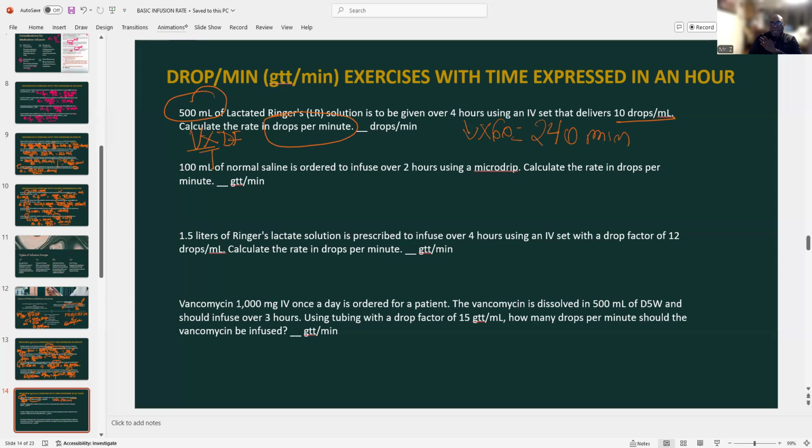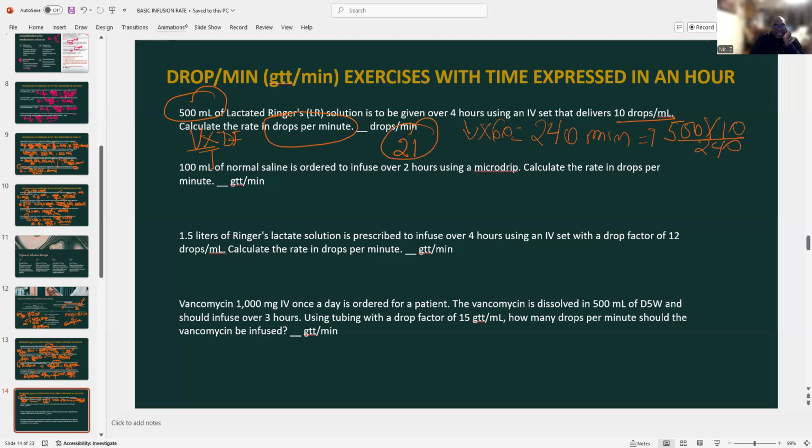So now you will do 500 multiplied by drop factor, which is 10, divided by 240. 500 times 10, 5,000 divided by 240. So you get around 21 drops per minute.